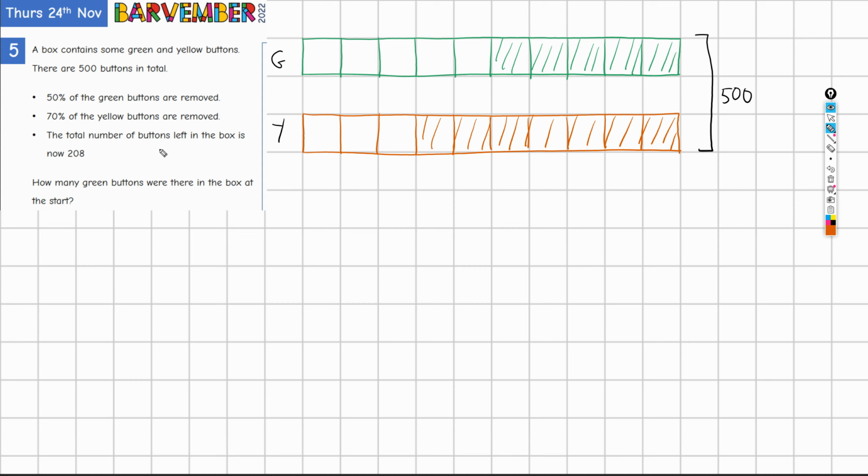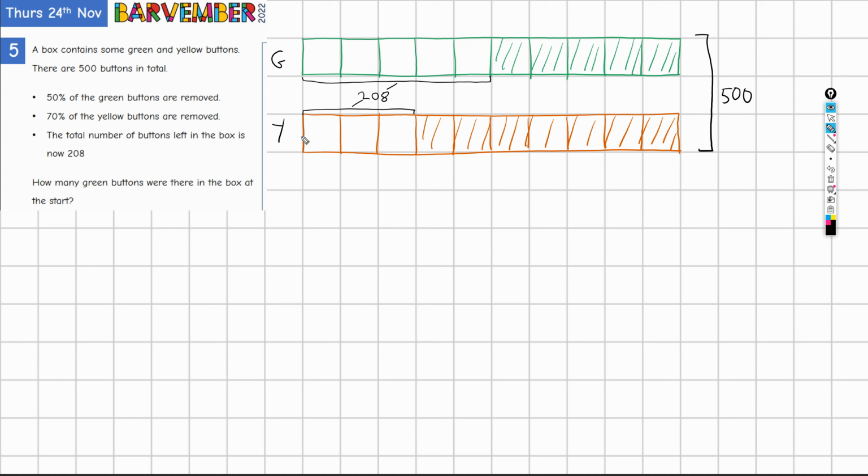What are we told? The total number of buttons left in the box is now 208. So that means that this part here plus this part here has a value of 208. Now, remember what I said: this part is not equal to this part, so I can't just divide 208 by 8 and think I've got the value of all of these parts.